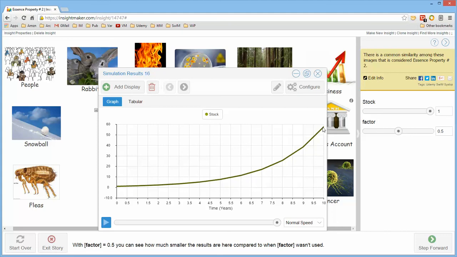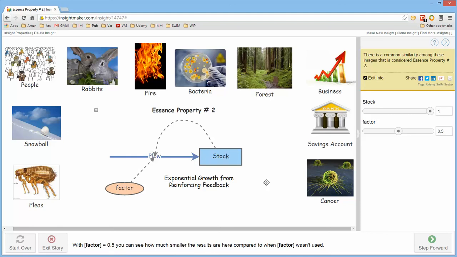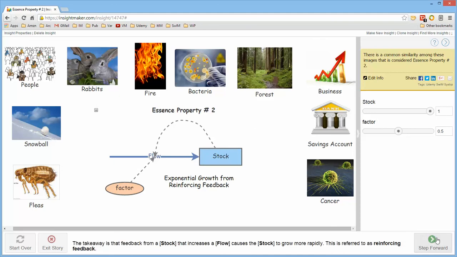So that just that small change, apparently small change, of the factor from 1 to 0.5 has reduced the result of this relationship over a period of 10 years from 1,024 to 57, which is a very significant change for just what appears to be a small change in the nature of the flow. So this is what's referred to as exponential growth due to reinforcing feedback.